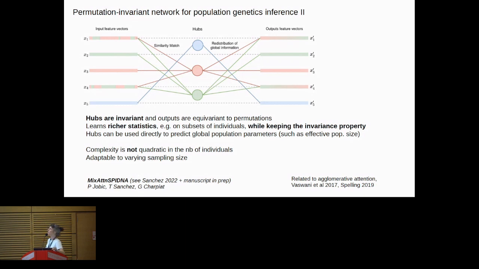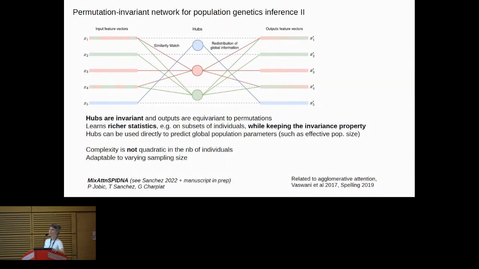So now you have a function that is still permutation invariant. You can move individuals in the matrix and you still get the exact same answer. And then you can later distribute the result of this invariant operation back to the sequence, again through an attention mechanism, so that at the end you have the equivariant features.